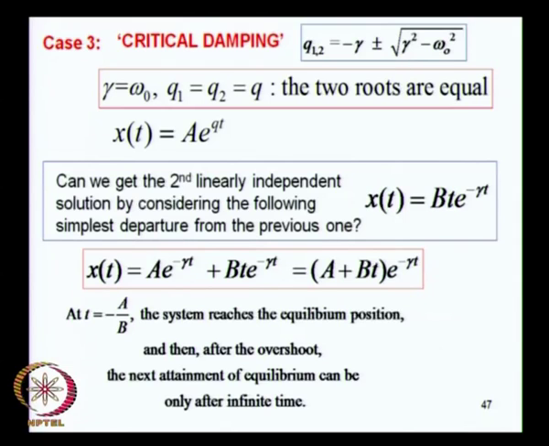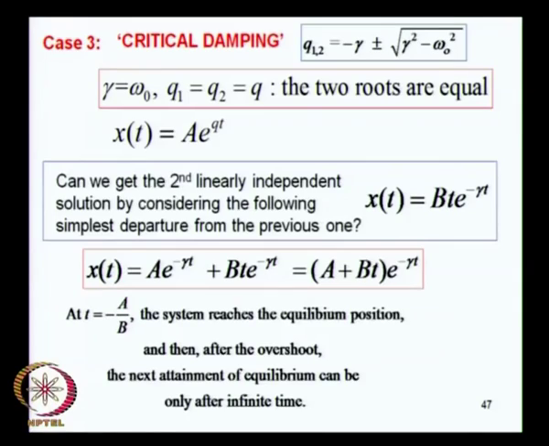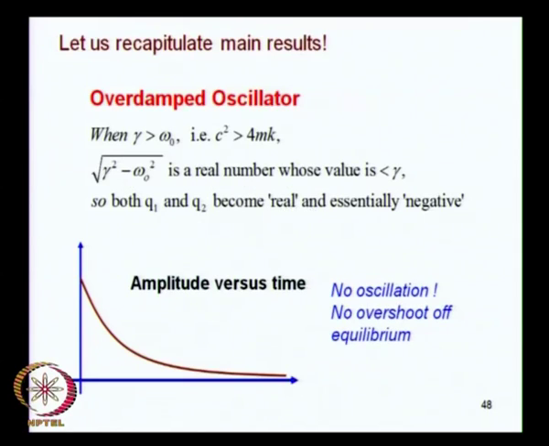So the system can cross the 0, but only once. This is also not quite an oscillator, because it does not keep oscillating across the equilibrium point every now and then, as one expects from the term oscillation, but an overshoot is possible. It does cross the equilibrium point, but the next time it can come back to the equilibrium is only asymptotically, over an infinite period of time.